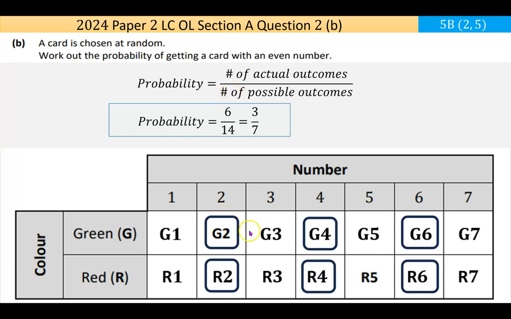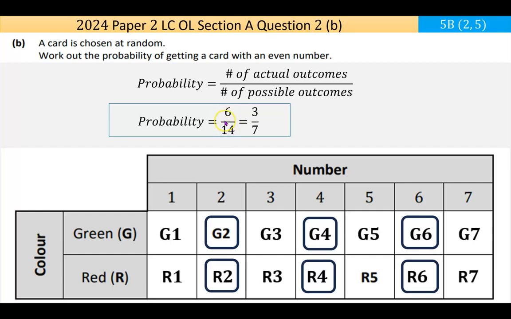Now, in this case, I've put in the data and I went, well, G2 is even, G4 is even, G6 is even, R6, R4, R2. So there are 6 options. Now, there are total possible outcomes. There's 14 numbers, and we're only talking about 6 of them. So our number of possible is 14, our number of actual is 6.